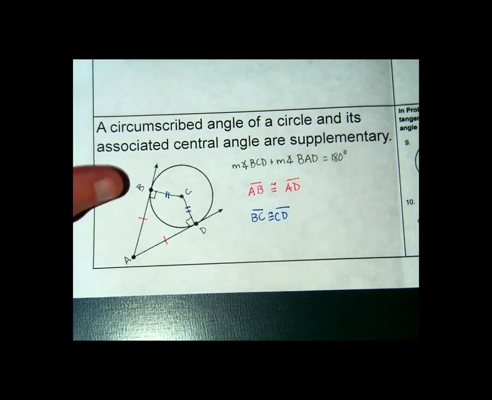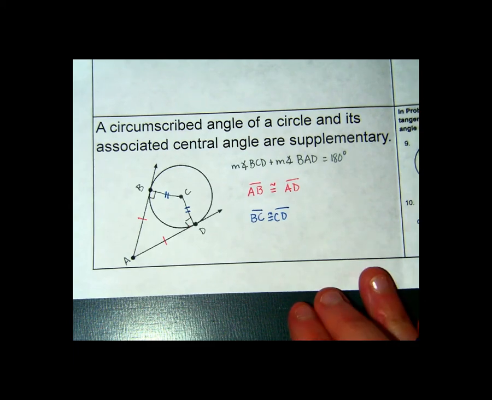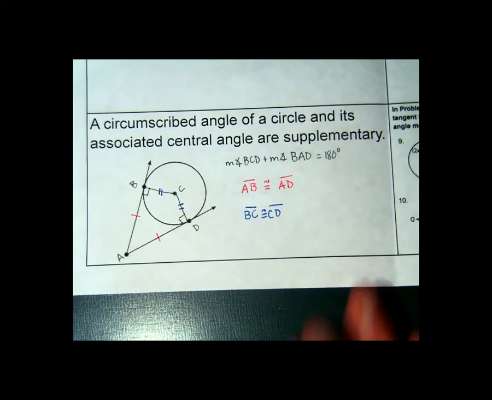You know what shape this is? It's a kite. Yep. We're going to do some examples with that. Okay. So once you write that on the slide over, we're going to do some examples. 9 and 10.